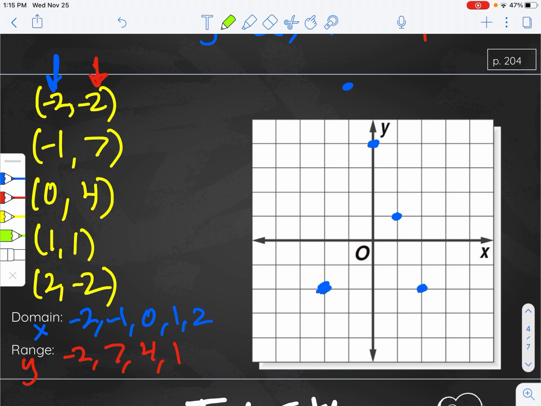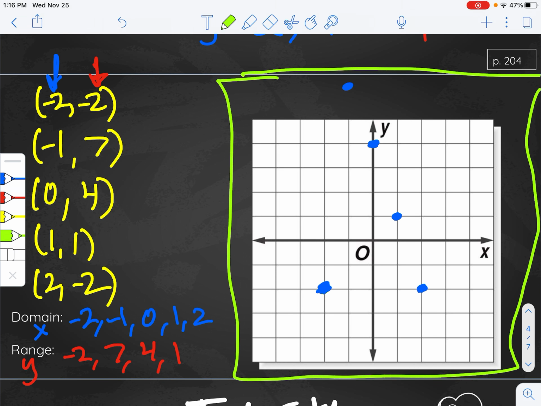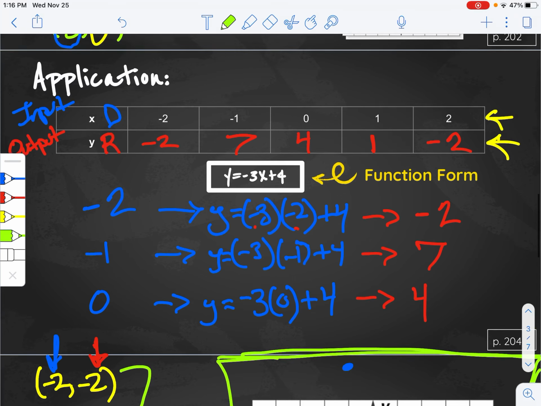And some of the problems, they will just give you the graph, and you'll have to look at the graph. And if you want to write out all the ordered pairs over here, you can, but you don't have to. But you can just look at the graph, and they'll say, based on this graph, what are the domain and range? And you can just write in those x values and those y values.